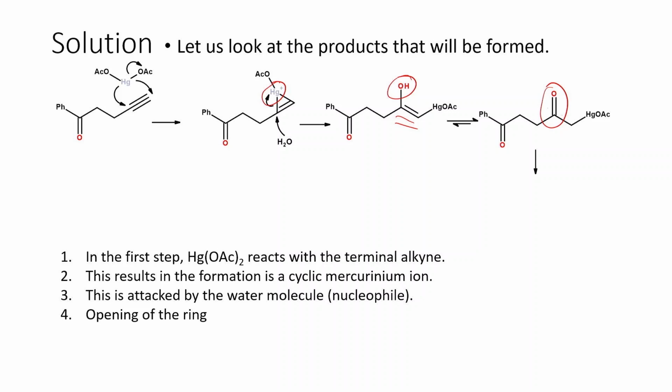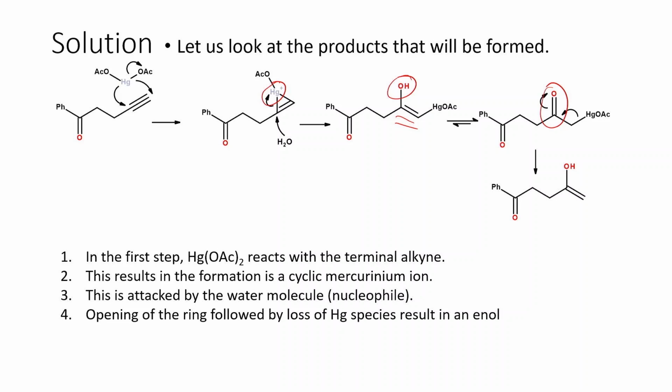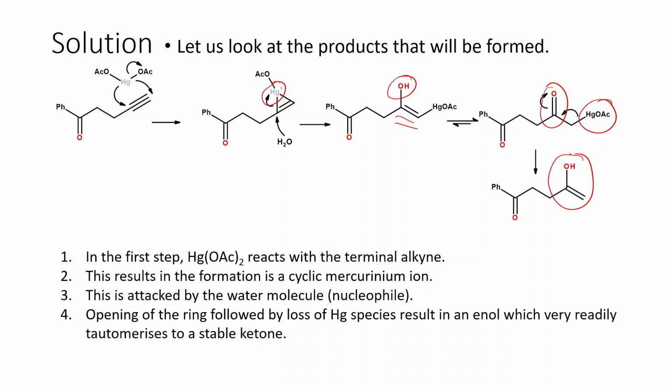The opening of this ring leads to the enolic compound, and this can lose the mercury unit. The mercury unit loss leads to the formation of an enol, which can further undergo a tautomerization reaction to give the final carbonyl derivative, because this intermediate still has a mercury, and the mercury will be lost in that next step.